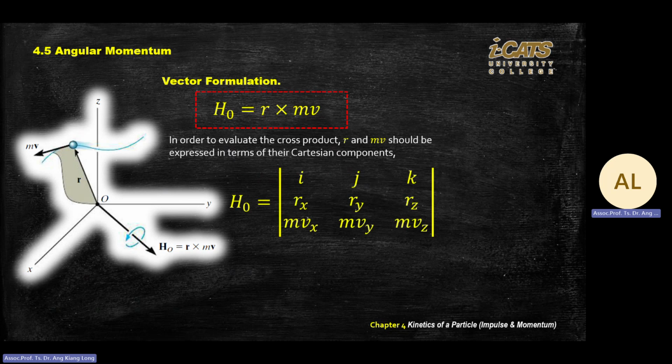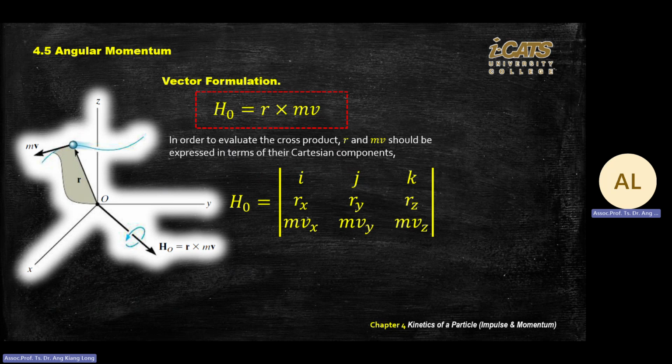So as you learned in your mathematics or calculus 1, you come across a matrix. So you know that this is a vector, and this one is in 3 dimensions. So for a vector in 3 dimensions, you have i, j, k. On the first row, you take the identity of the axes i, j, k.